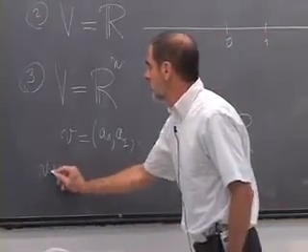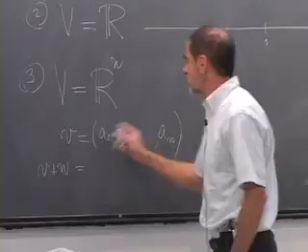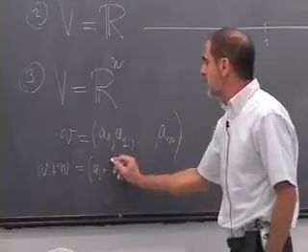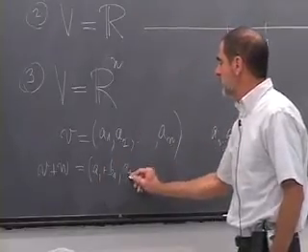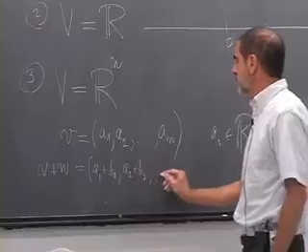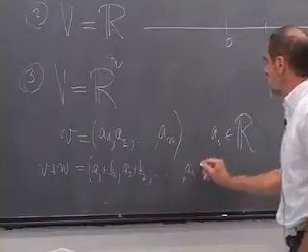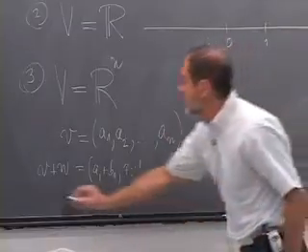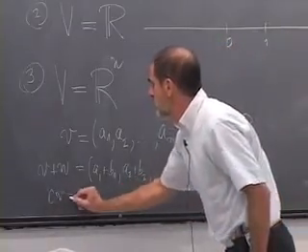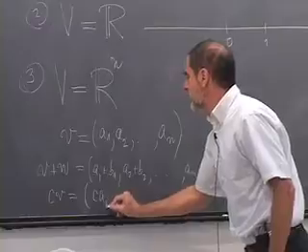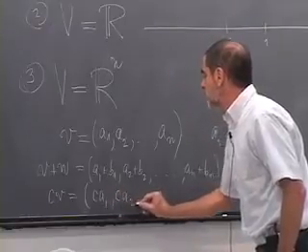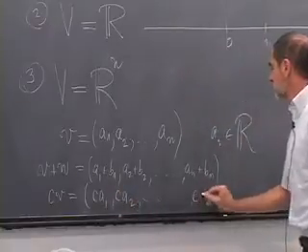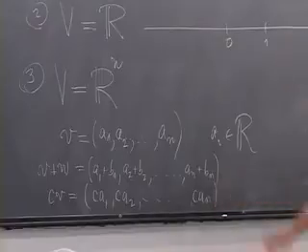So v plus w, where w has the entries b1 through bn, would be a1 plus b1, a2 plus b2, through an plus bn. And if you want to multiply by a scalar, you multiply the scalar times each component. And that satisfies the axioms of a vector space.